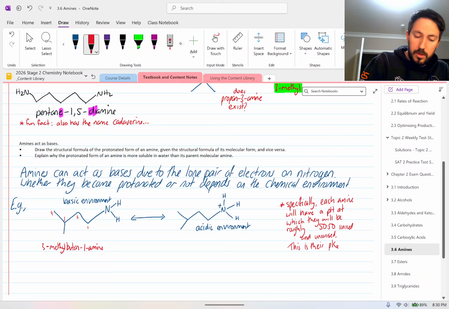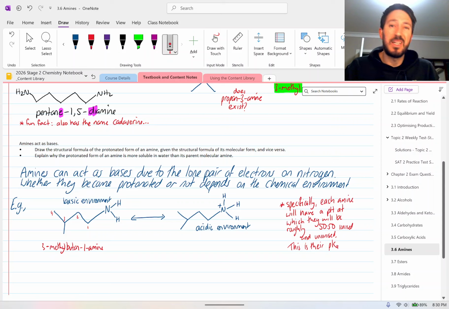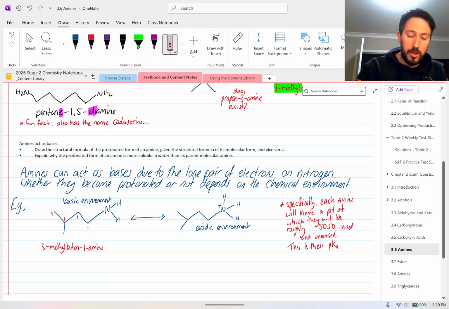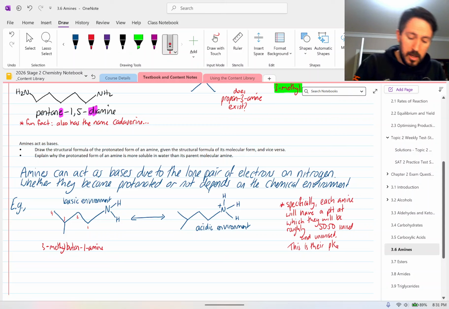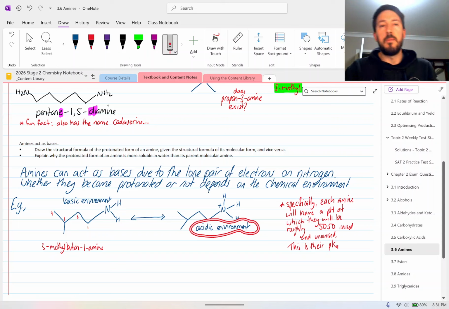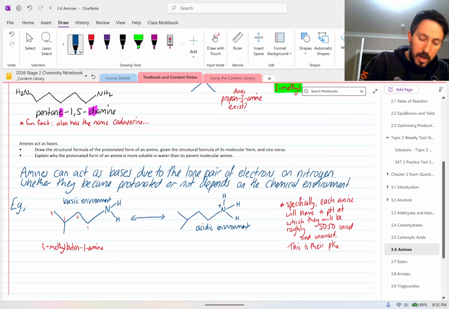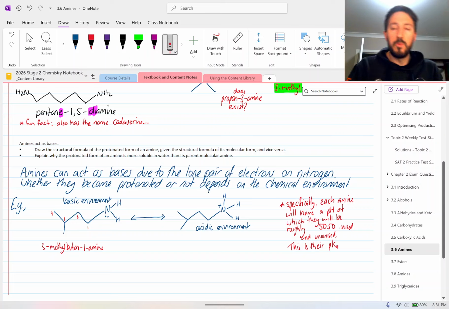Now, the important point here is that if this molecule is put into a basic environment where there's a lack of H+, our molecule is going to look just like this, just like a regular amine, 2 hydrogens on the carbon, and 2 hydrogens on the nitrogen, and then the nitrogen will be attached to the rest of the carbon chain. However, if you put this into an acidic environment where you add some extra protons, as I mentioned before, you have the lone pair of electrons on the nitrogen, and that will make this act as a base.